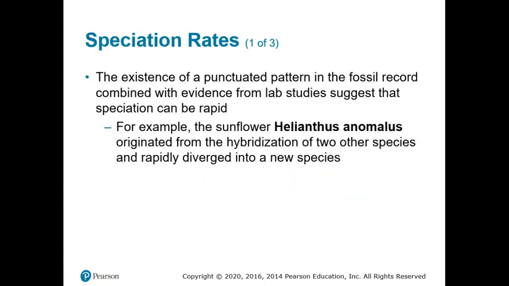Okay? And so, for example, speciation rates. Punctuated pattern in the fossil record combined with evidence from labs suggests that speciation can be rapid. Underline that word. It can be. So the sunflower, Helianthus anomalus, originated from the hybridization of two different species and rapidly diverged into a new species based upon lab results.